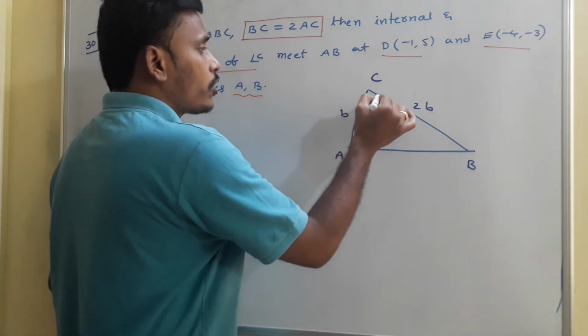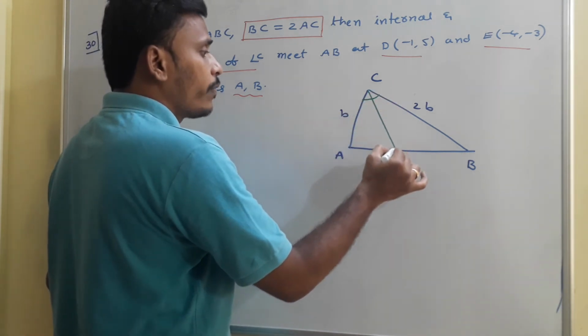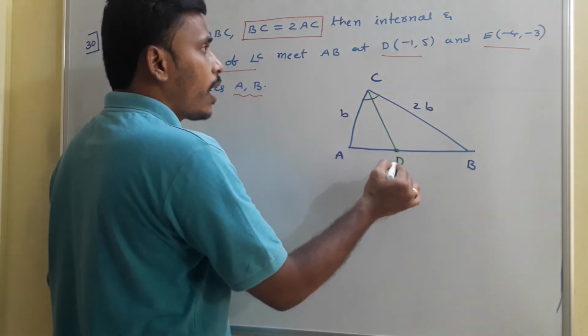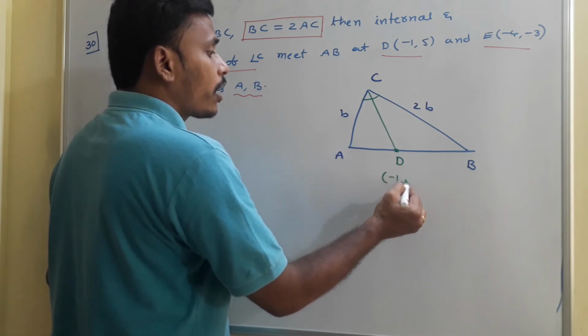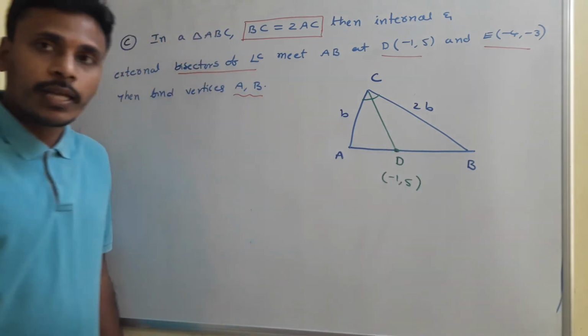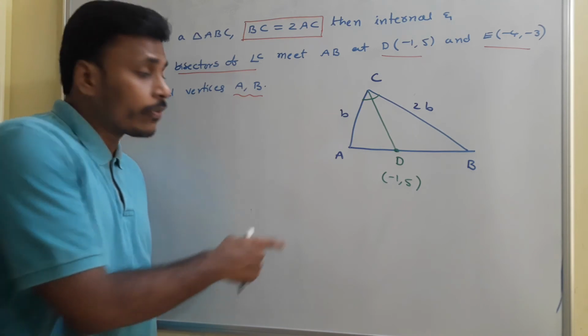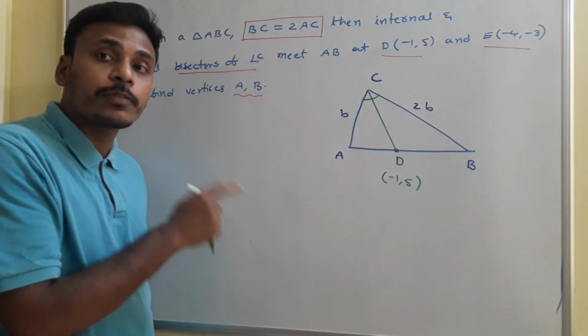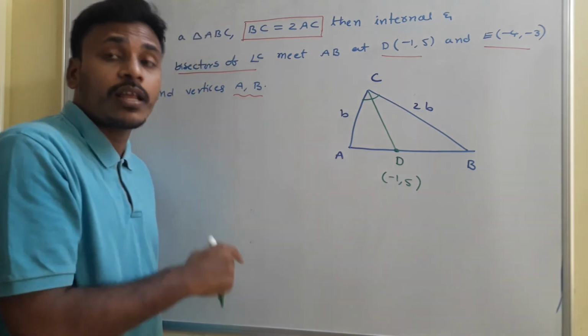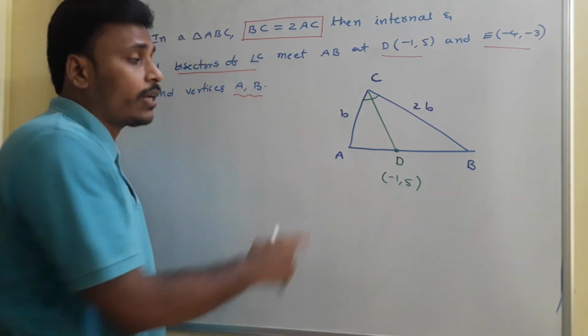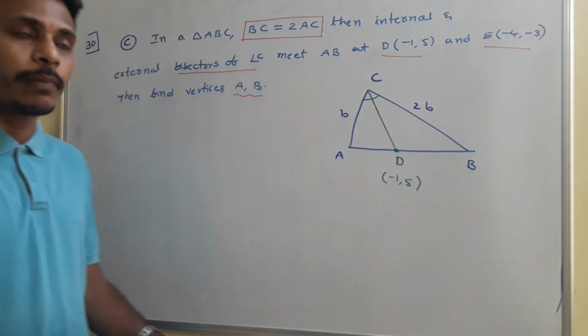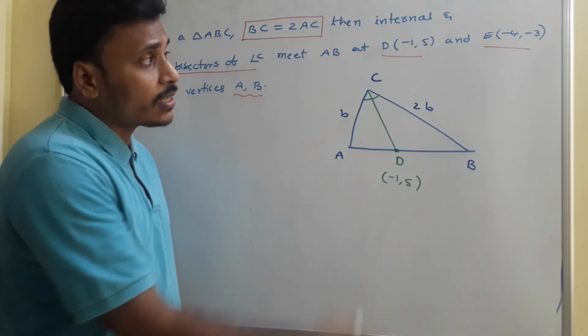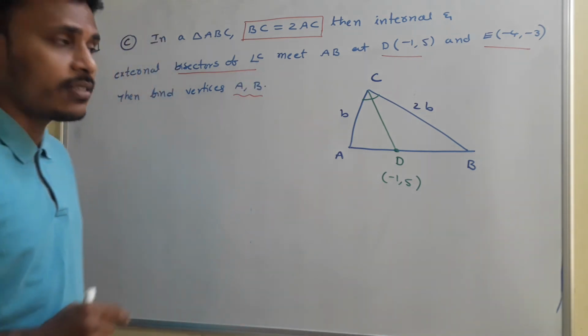If you sketch the internal bisector of C, it will meet at D, and the coordinates of D are given as -1, 5. Actually, for the previous problem, these two we knew and we found D. But for this problem, D is given and the question is asking us to find A and B. D is -1, 5. So next thing is E. What is that E?